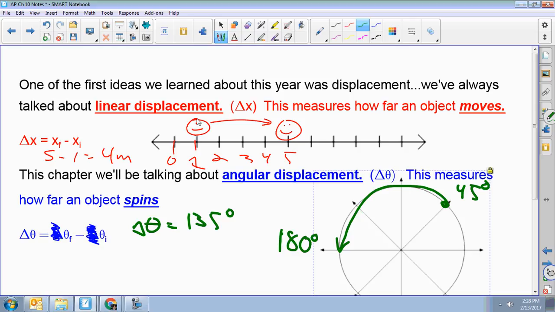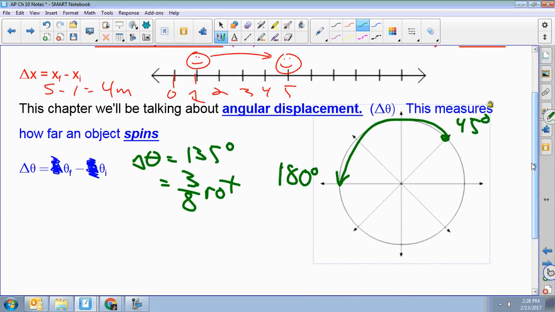You could do it in rotations, and that would be 3/8 of a rotation. Or you could do it in radians. So this thing is pi over 4, so this would be 3 pi over 4 radians. All right, cool. Questions with that?